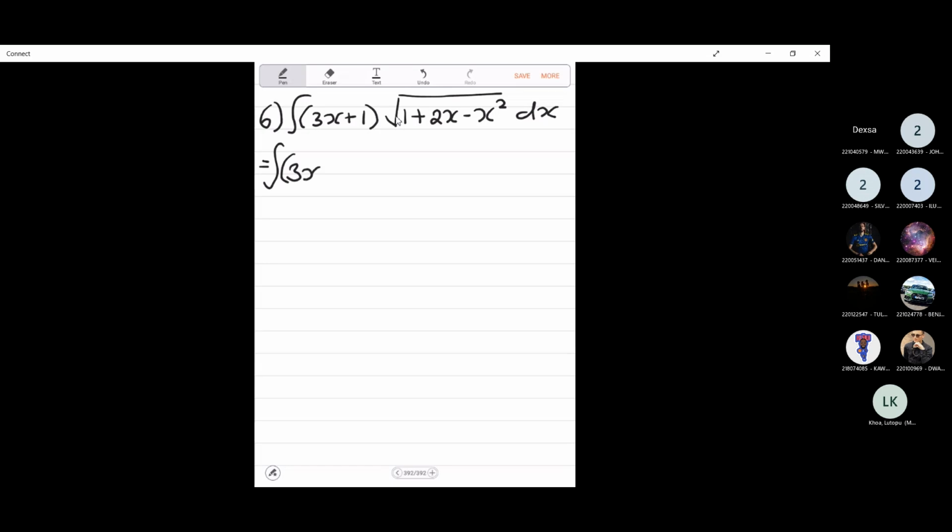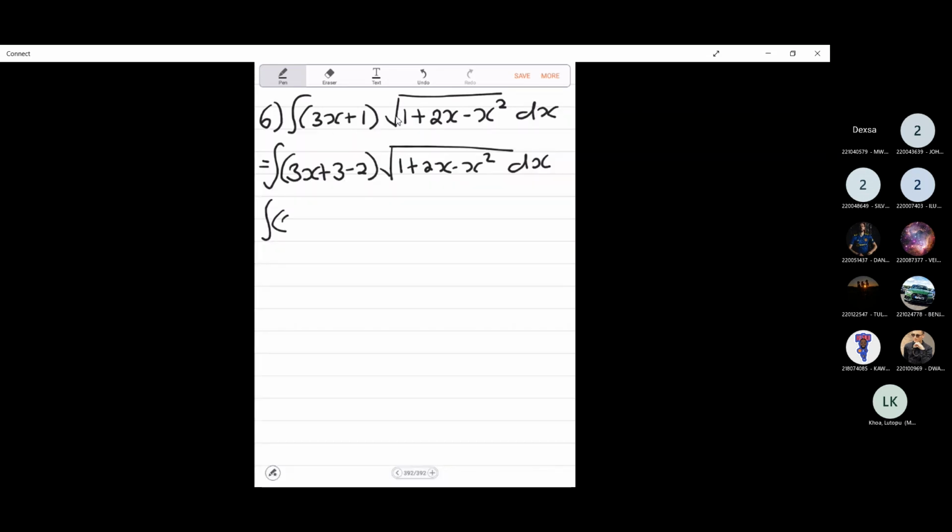So we say 3x plus 3 minus 2, times the square root of 1 plus 2x minus x squared dx. Okay, and then this is 3x plus 3 times the square root of 1 plus 2x minus x squared, and then minus 2 times the square root of 1 plus 2x minus x squared dx.